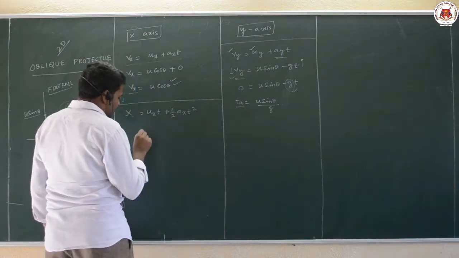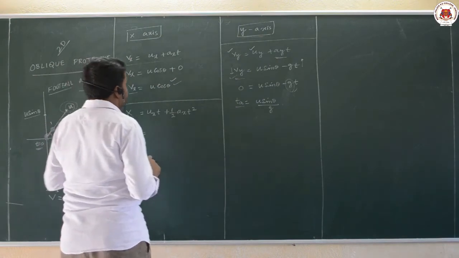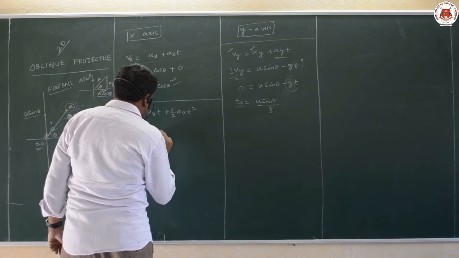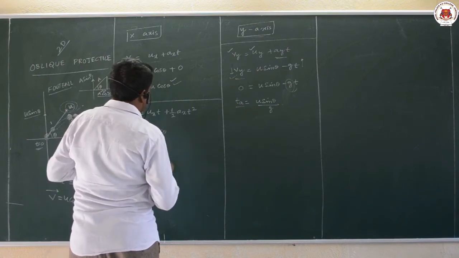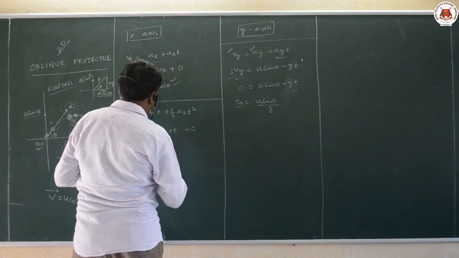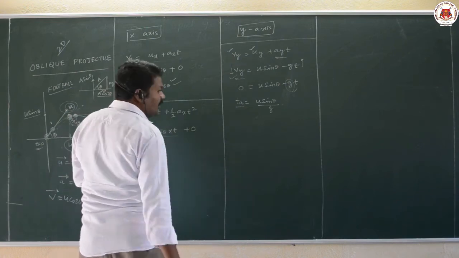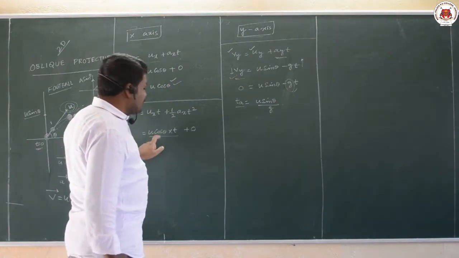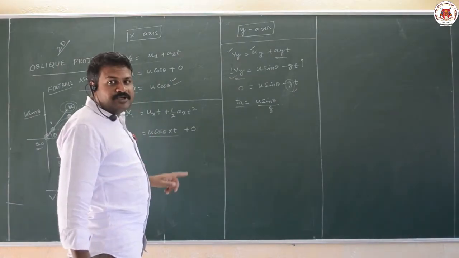Okay, this you can apply. What is the ux value in the x axis? It is u cos theta only, so you will write it as u cos theta into time taken, because the remaining will be 0. This is the position of the body in the x axis after some time.